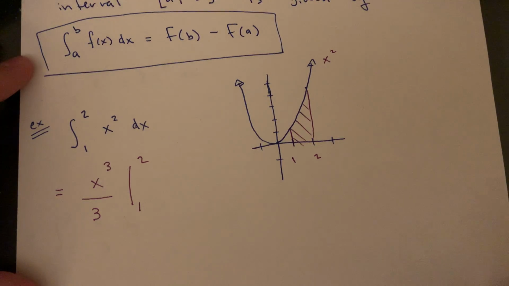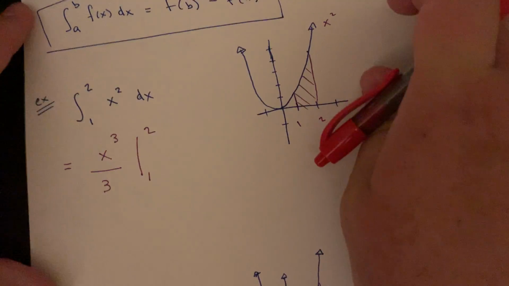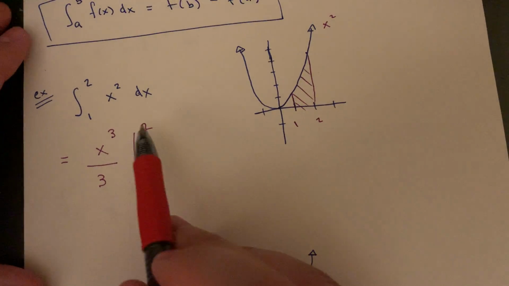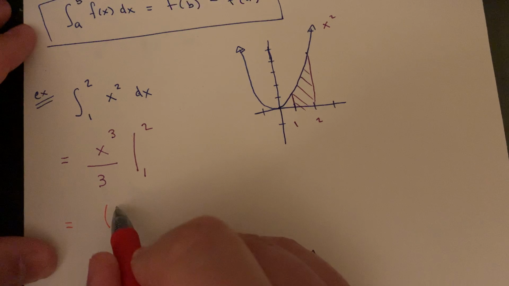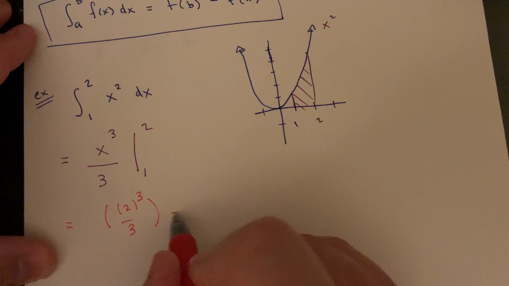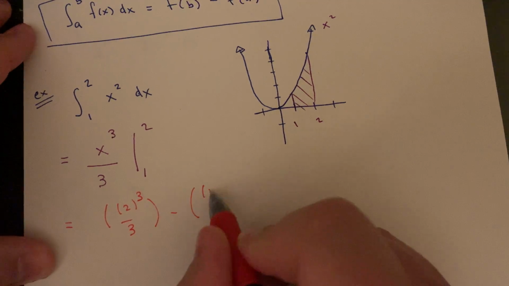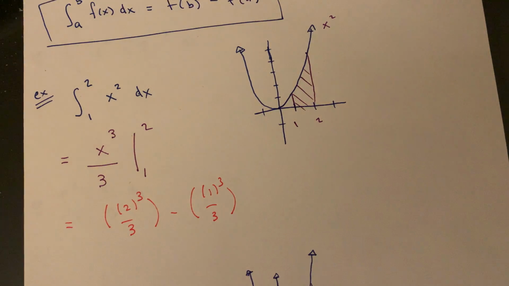So this is going to look like just regular function substitution kind of stuff: the antiderivative evaluated at 2 and evaluated at 1. Parentheses are big here. So I would do 2 cubed over 3 minus 1 cubed over 3. I would write it like that, right?